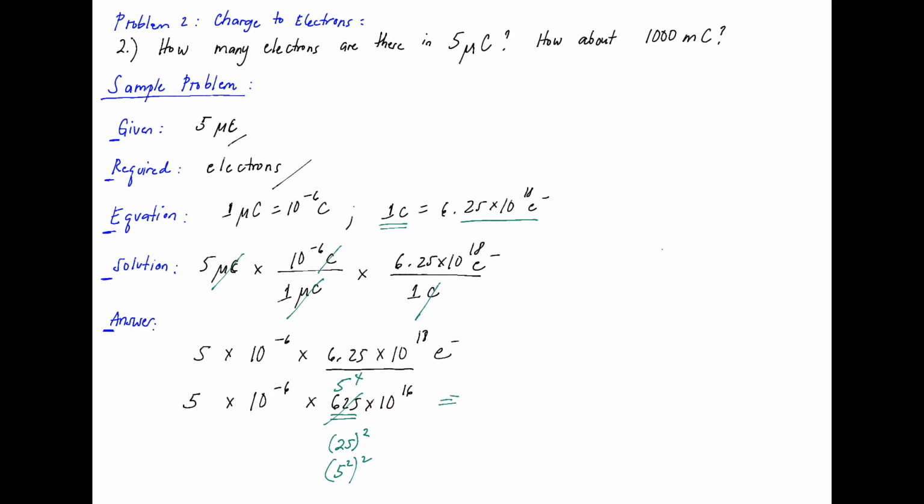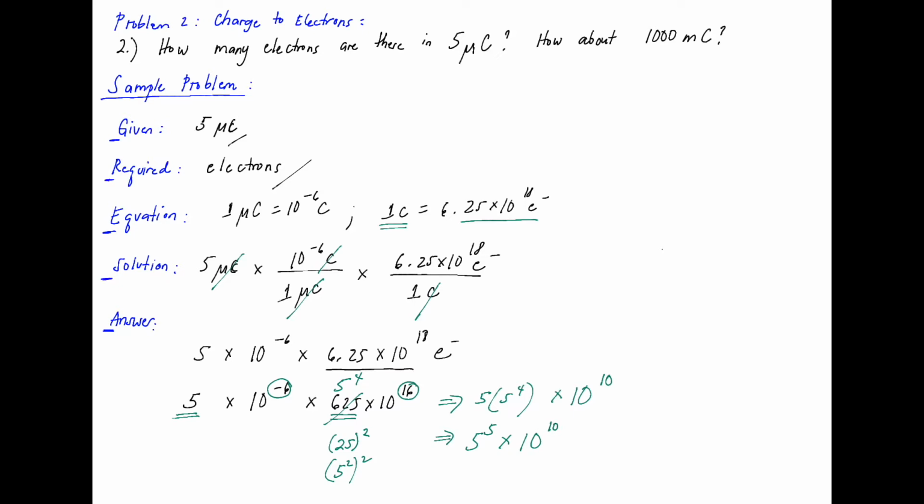So if I'm going now to write my final answer, which is 5 multiplied to 5 raised to 4 times 10 raised to negative 6 times 10 raised to 16. So we have negative 6 plus 16, we have here 10. And our final answer would become 5 raised to 5 times 10 raised to 10.